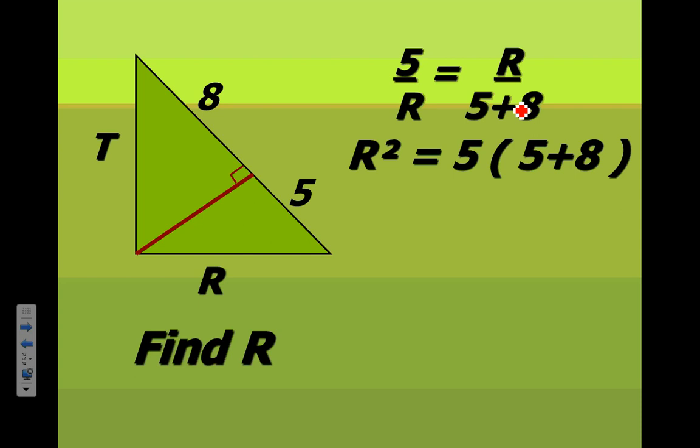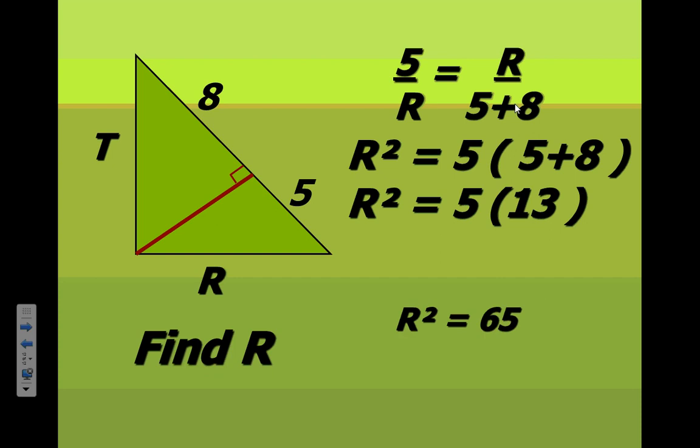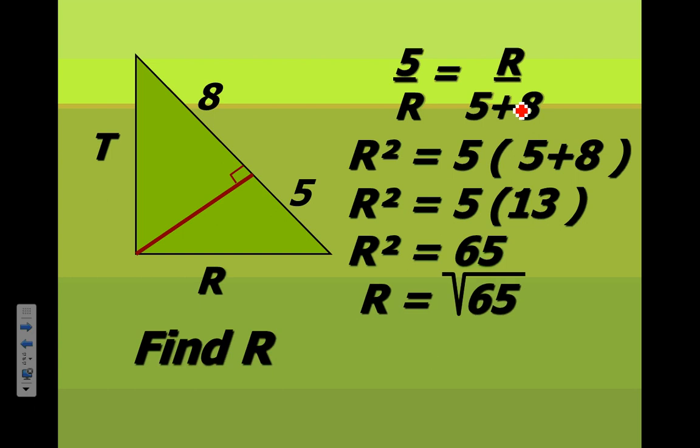R squared will be equal to 5 times 13. R squared equals 65. Is there a perfect square in 65? No, there's not. So the square root of 65 is simplified, and when you take the square root of 65, you get 8.1.